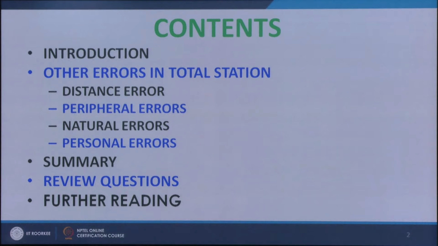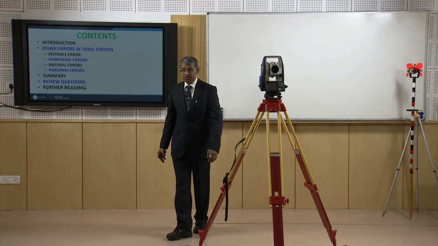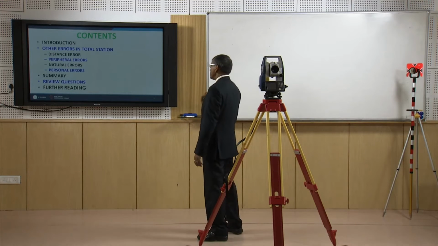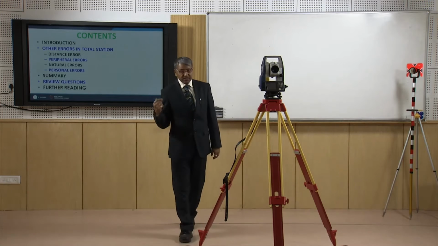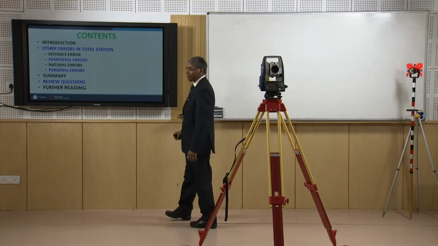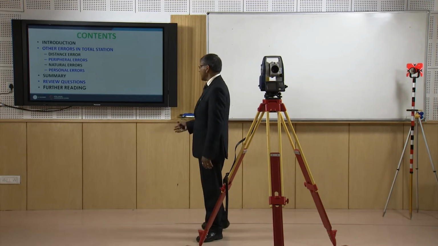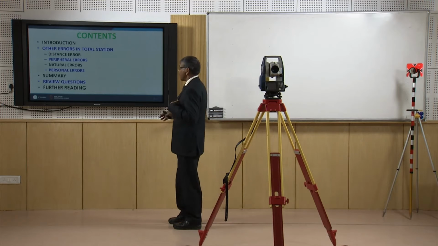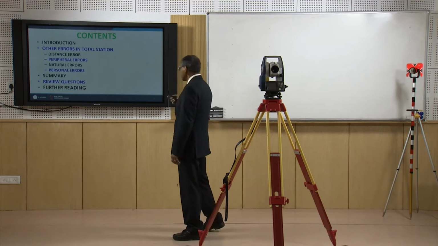So there will be some factors or disturbance factors which cause errors in total station measurement due to nature and personal error. I will be discussing these points with the intention that we should take care of them, so that these errors should not occur in our measurement, or we should take due care so that the errors are minimized.